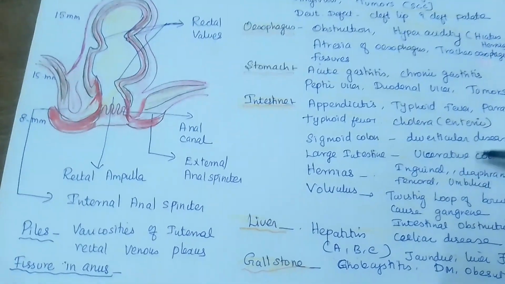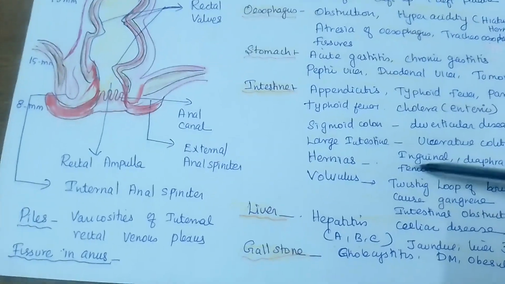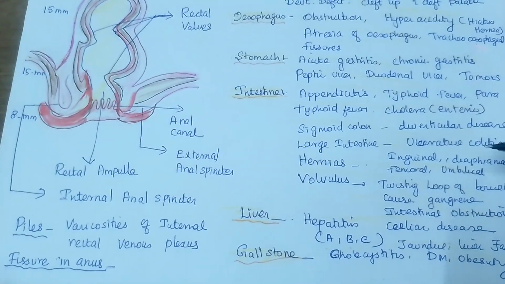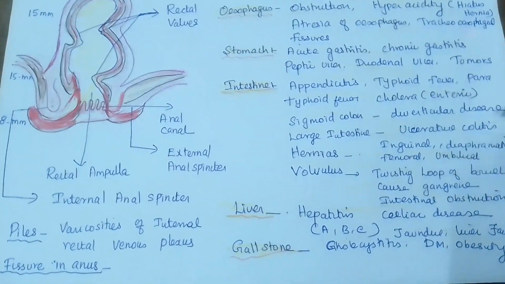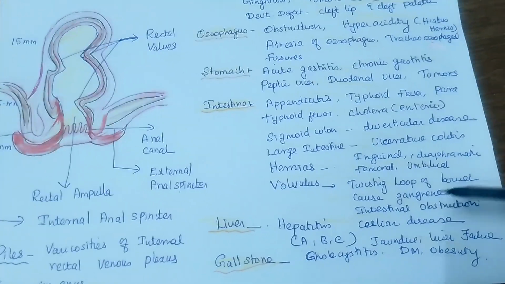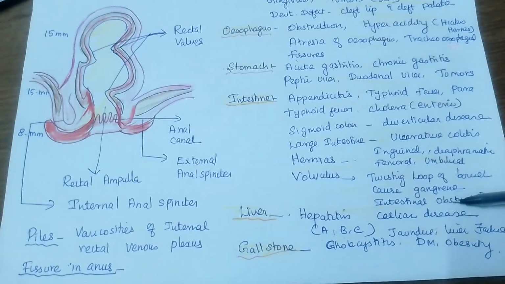In the sigmoid colon, diverticular diseases; in the large intestine, ulcerative colitis, and hernias like inguinal hernia, diaphragmatic hernia, femoral hernia, umbilical hernia. Volvulus is nothing but the twisting of a loop of the bowel, which causes gangrene. This also causes intestinal obstruction, right?